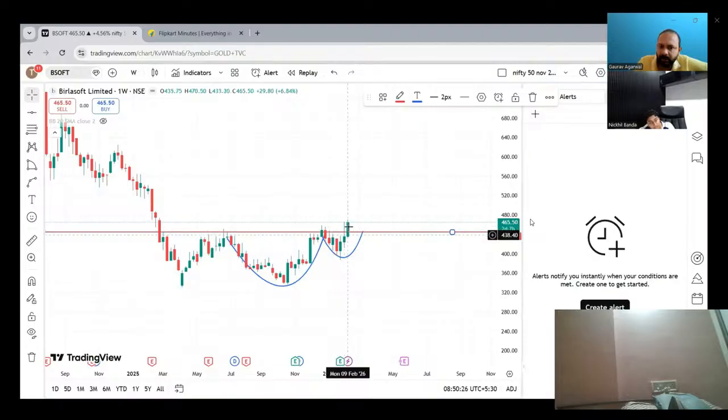This is to get a confirmation of a breakout. These are resistance, you can see that there is a resistance in this zone. So we will wait for confirmation, and only for confirmation I draw this line. This is the weekly chart I am showing you. We may need to enter in this range. Once the high is crossed, we can take an entry. Stop loss will be somewhere down here.